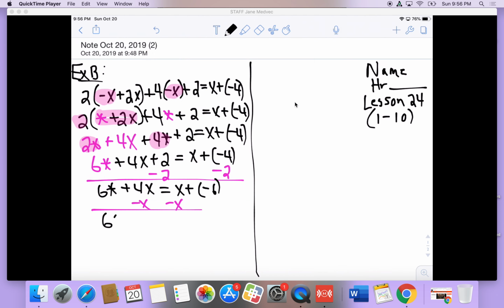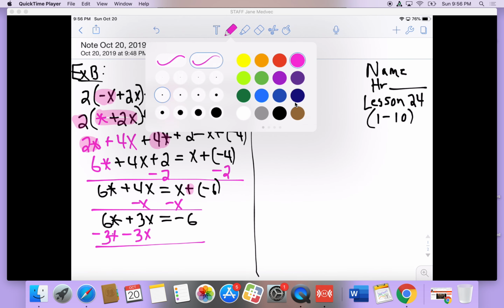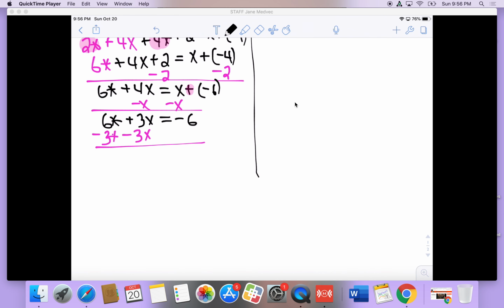And now what I'm going to do is explode on the left-hand side. I end up with 3 star equals negative 6. I'm going to divide by 3. And I get star equals negative 2, x equals 2.